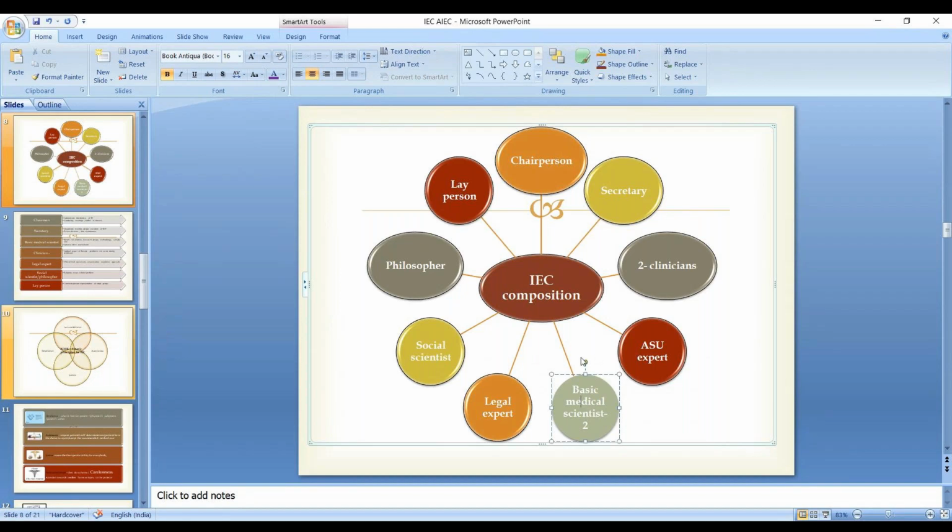They take care of the availability of the medicines, the dose, the duration, all these things. A legal expert is there who looks after legal matters related to the participants.